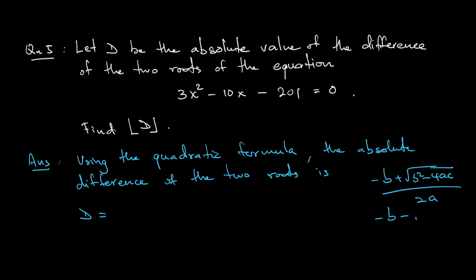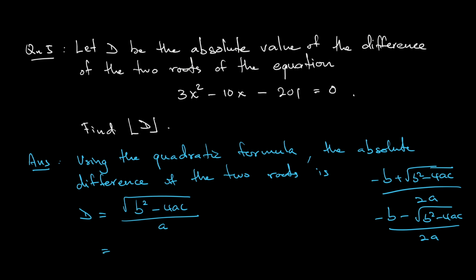This is another root. So you take the difference, that would be just square root of b squared minus 4ac over a. Alright.